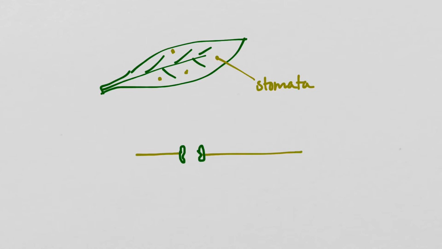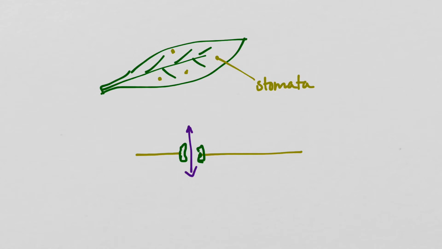So let's say that this here is our lower epidermis with our guard cells on both sides, and the space between here is the actual stomata, where we're going to have our gases enter and leave, right? We need CO2 to enter and oxygen to leave, but sometimes it's opposite. So I'll just leave it as a plain arrow.